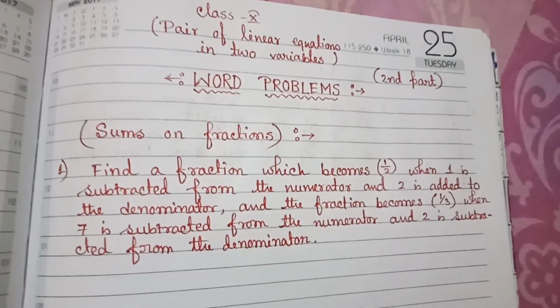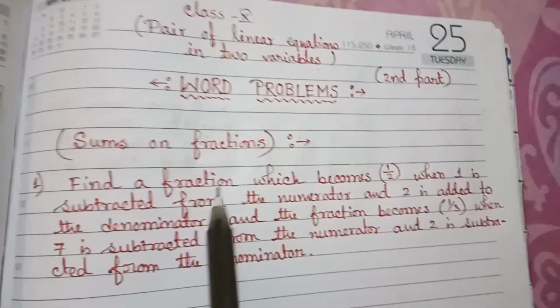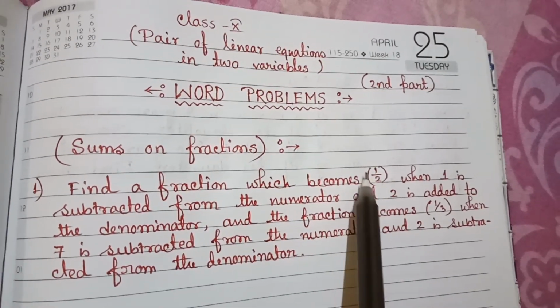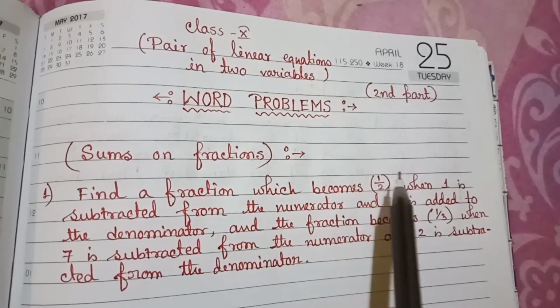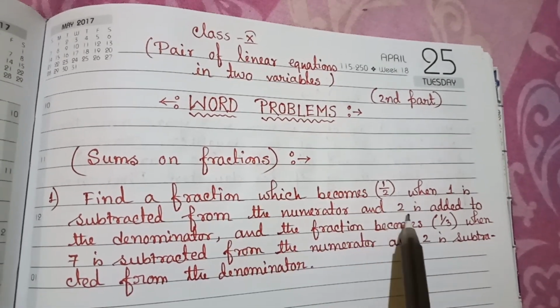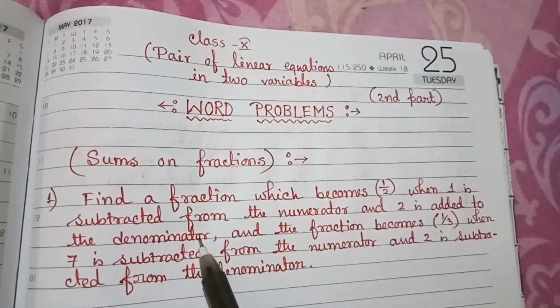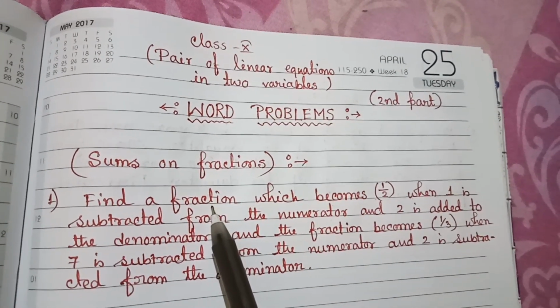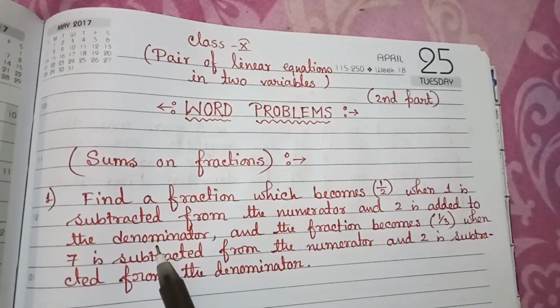Okay, so our first question is: find a fraction which becomes half when one is subtracted from the numerator and 2 is added to the denominator. Now a fraction consists of two parts, numerator and denominator.